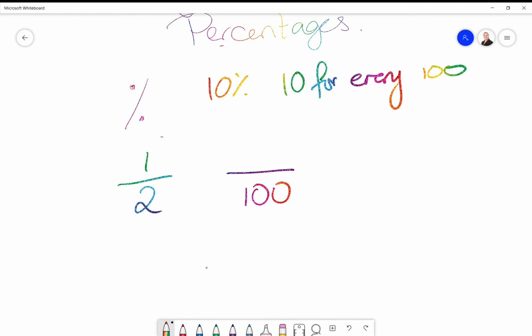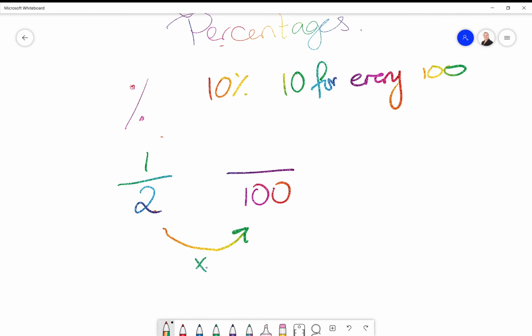So we're turning this fraction into something over 100. So what do I do to 2 to turn it into 100? Now you might say I could add 98, but when I'm doing equivalent fractions, I can't add. I have to times or divide. So I'm going to look at what do I times 2 by to turn it into 100.